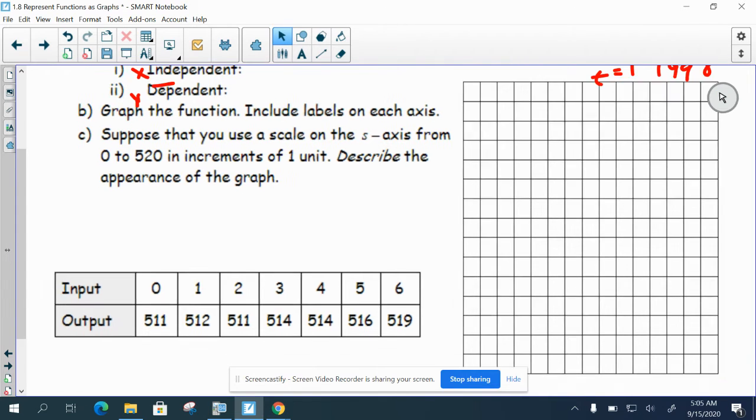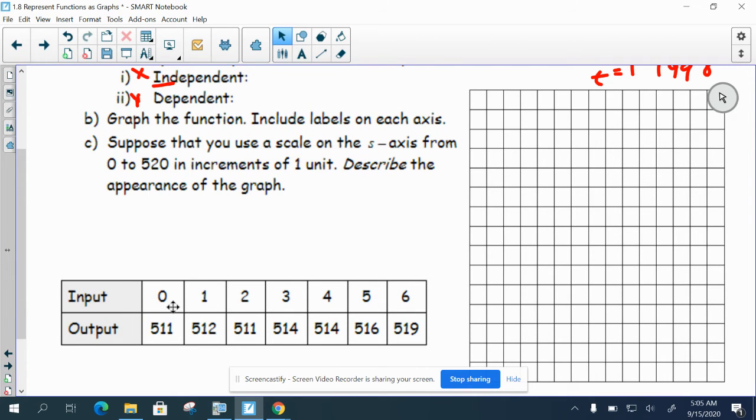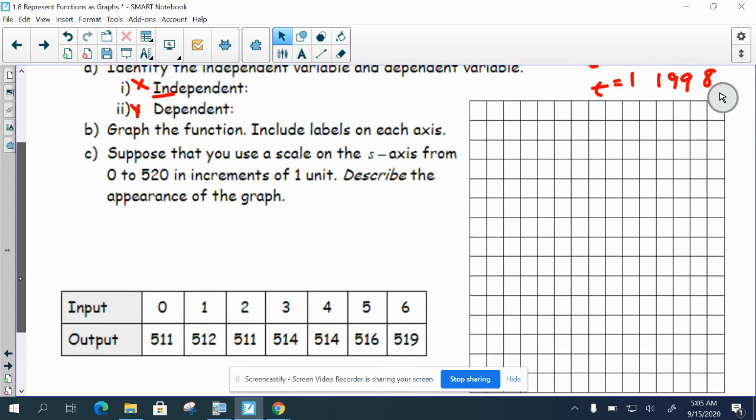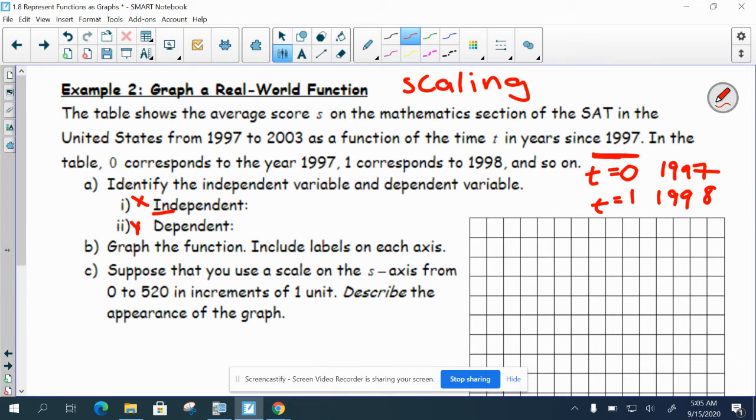Whenever you're dealing with time or years, that is always going to be the x variable. That's always going to go on the x-axis. So the independent variable in this case is years. And then the dependent variable will be the score that they receive.